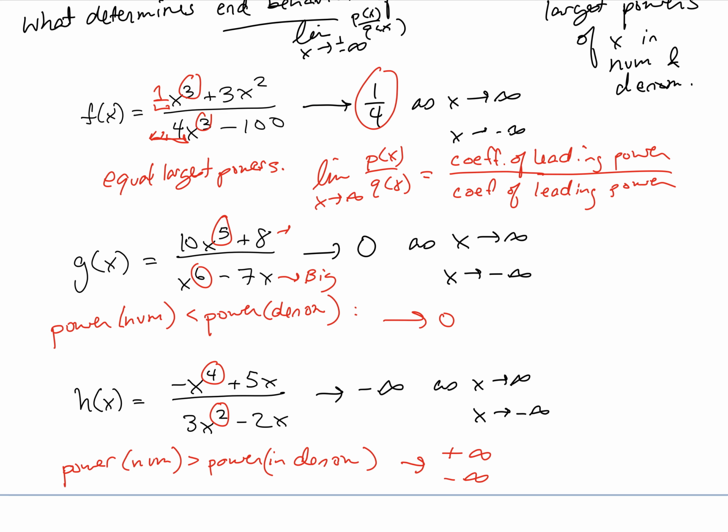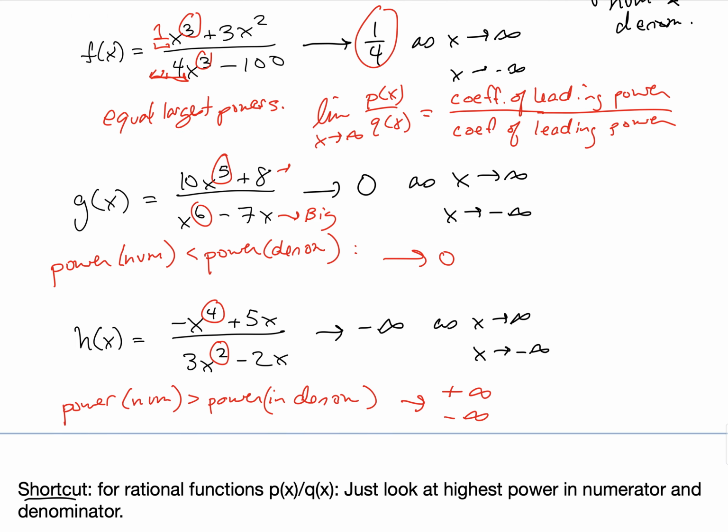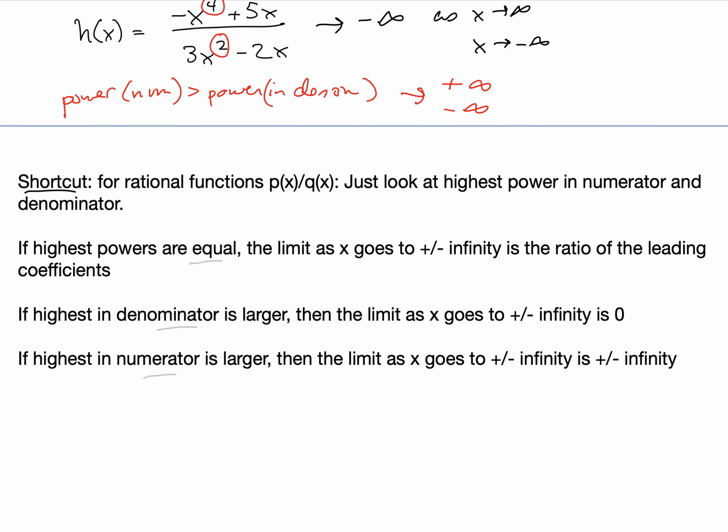So to summarize our shortcut for rational functions of the form p of x over q of x, a polynomial divided by a polynomial, we just need to look at the highest power in the numerator and the denominator. If the highest powers are equal, then the limit as x goes to plus or minus infinity of f of x is the ratio of the leading coefficients.